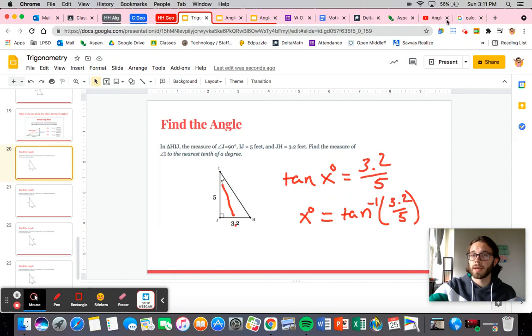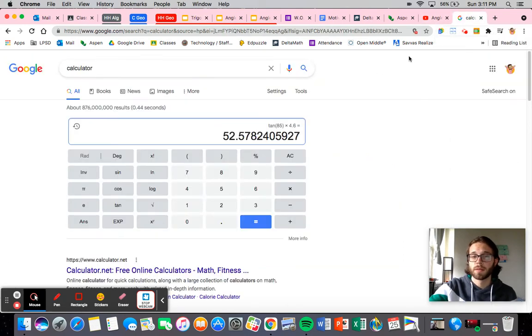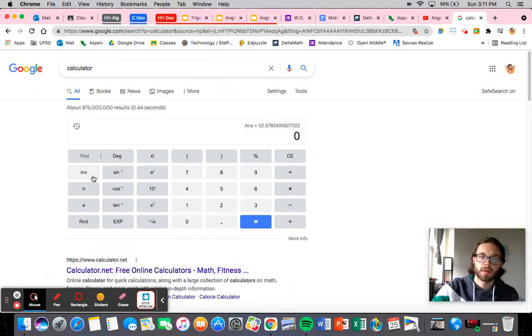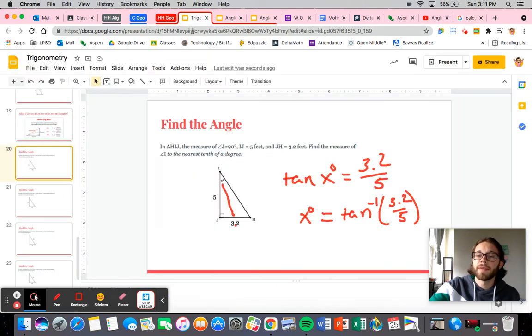So we now need to solve for this. So to do that, again, I can go back to my calculator. If you hit this little INV button, it gives you the inverse. I need the inverse tangent of 3.2 over 5.